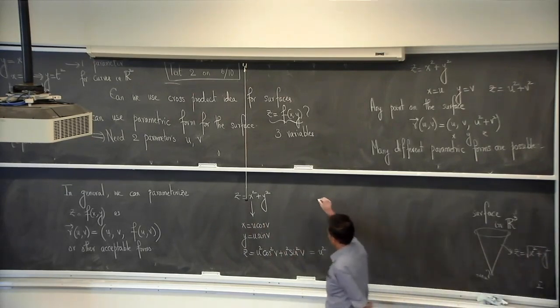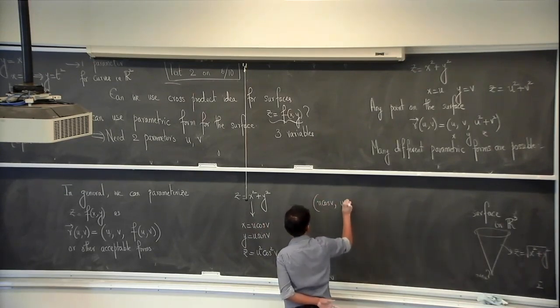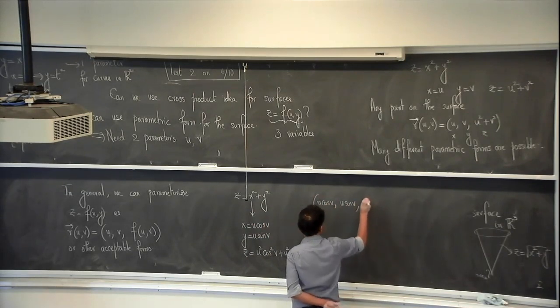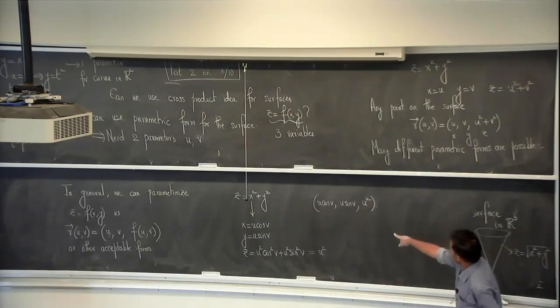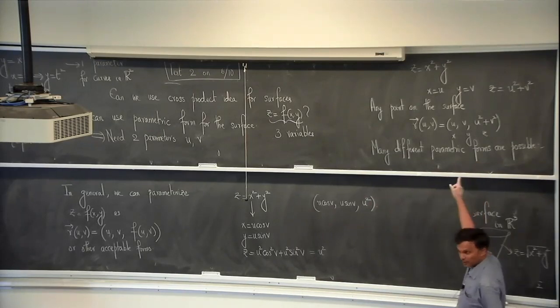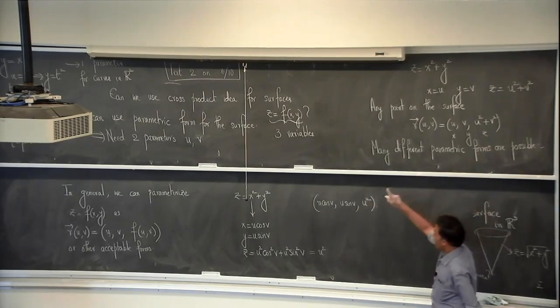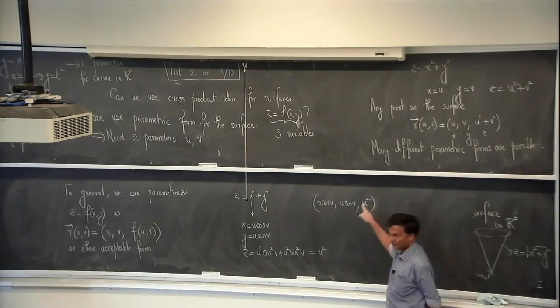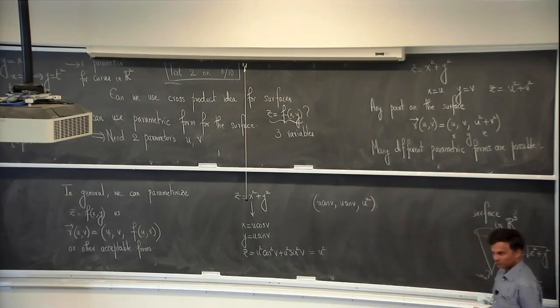So in this case, it will look like this: u cosine v, u sine v, u square. Both these things are representing the same surface. They look different, but depending on how you define your u and v, both this form I wrote up here and this form are both correct, and both represent the same surface, z equal to x square plus y square.